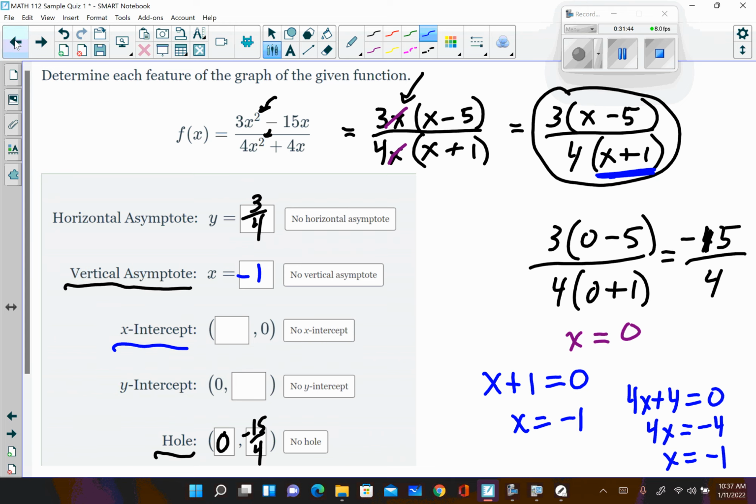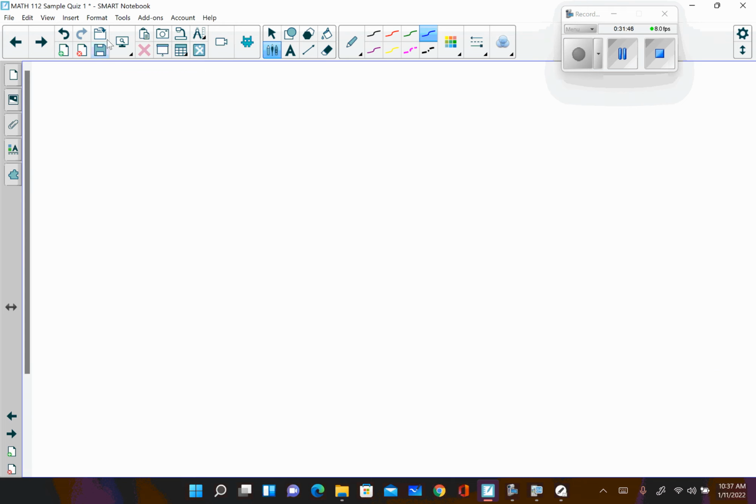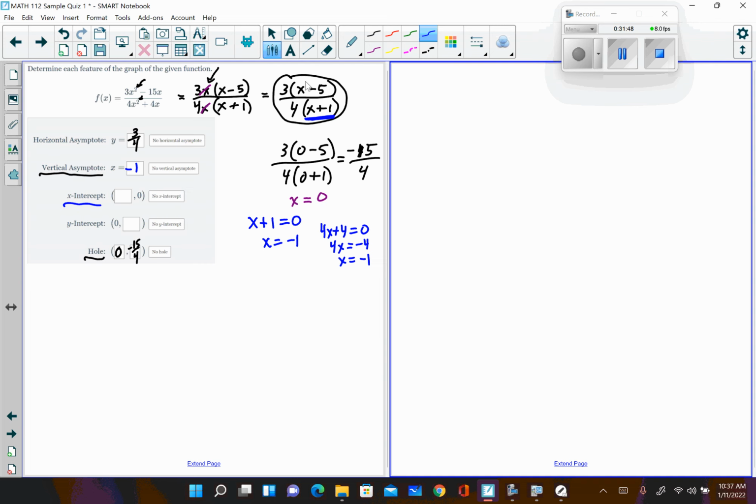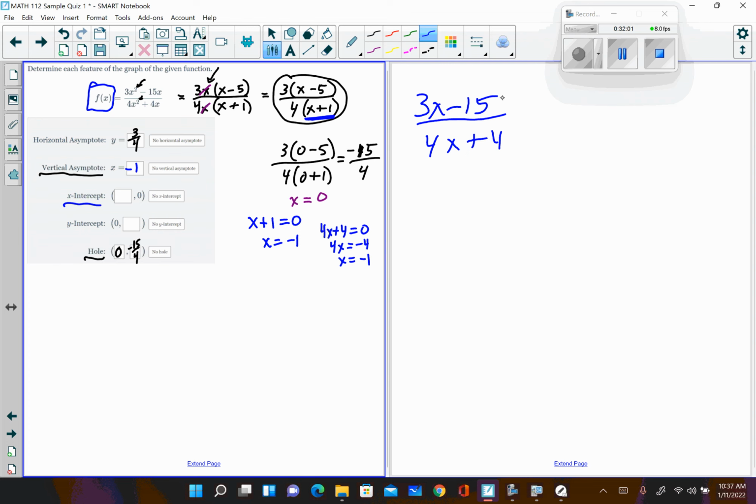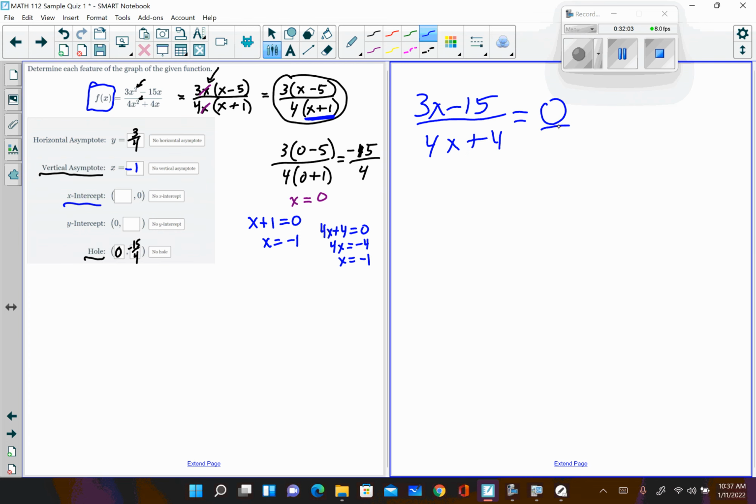And we could use the reduced form for this. The reduced form after distributing is 3x minus 15 over 4x plus 4. If we make the y, and by y I mean f of x, if we make that 0, cross multiply: 3x minus 15 times 1 equals 0 times 4x plus 4. 0 times anything is 0.